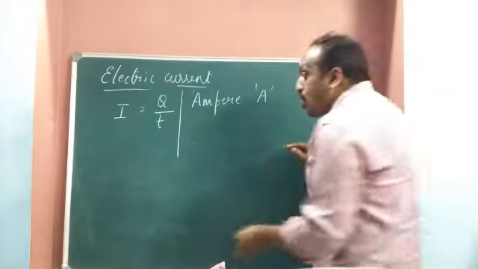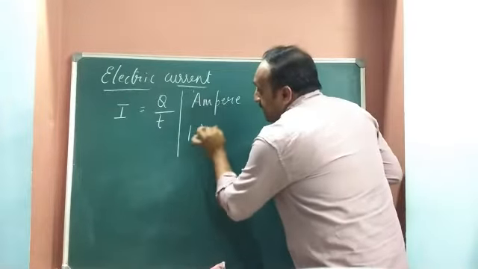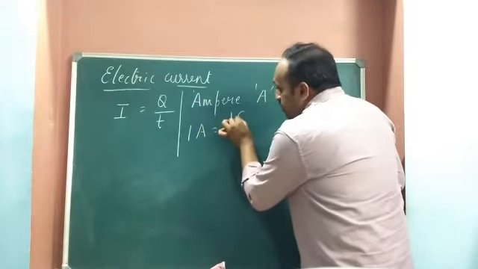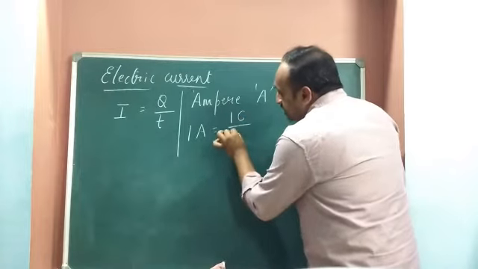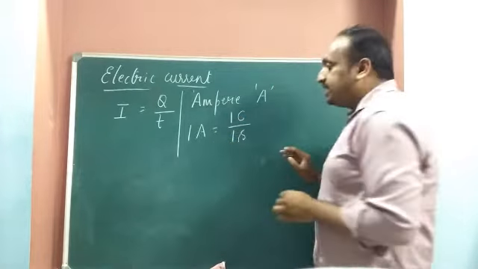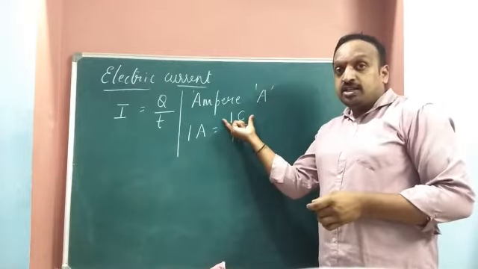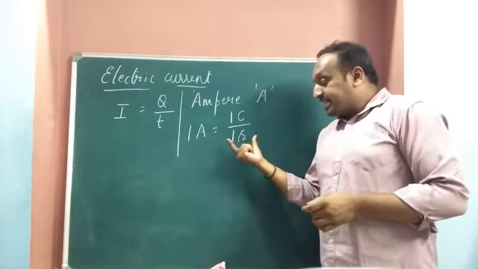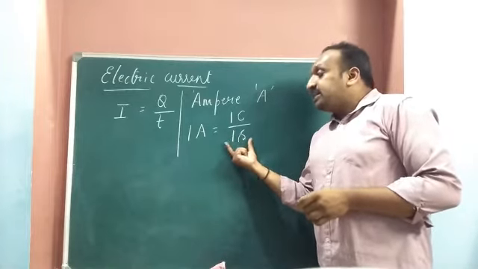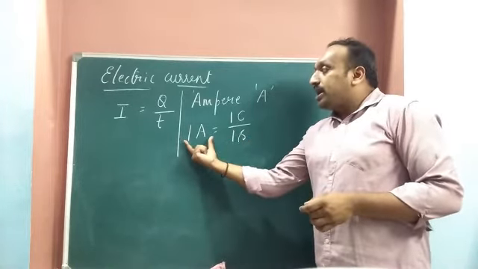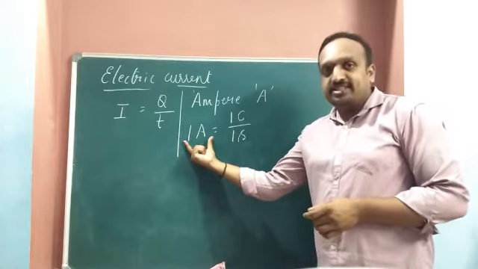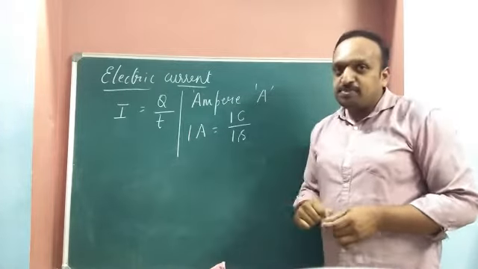And the value of 1 ampere will be equal to 1 coulomb of charge divided by 1 second. If 1 coulomb of charge is moving in a conductor in 1 second, that will be equal to 1 ampere of the current. This is very small.